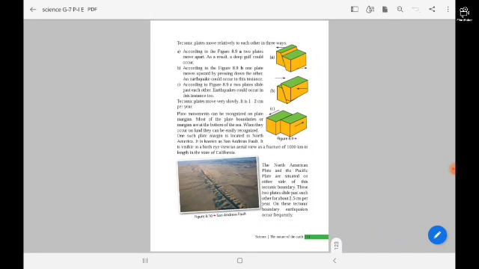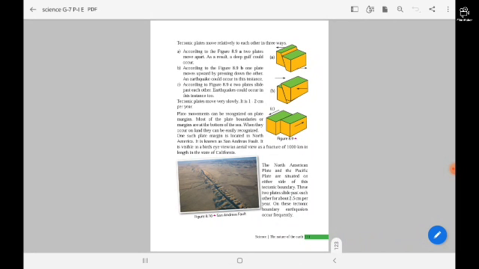Plate movements can be recognized on plate margins. Most plate boundaries or margins are at the bottom of the sea. When they occur on land, they can be easily recognized. One such plate margin is located in North America. It is known as the San Andreas Fault. I will show you a picture of it.